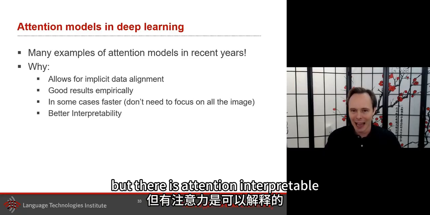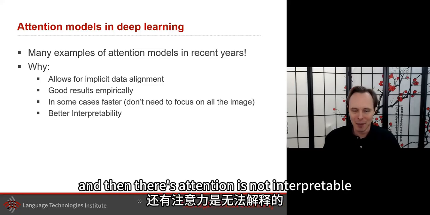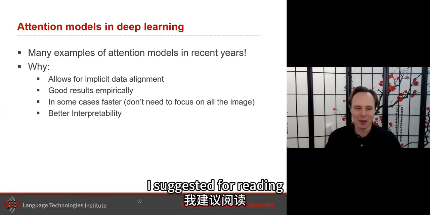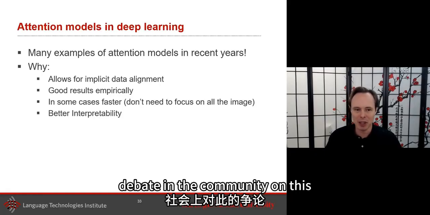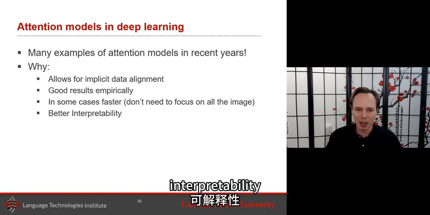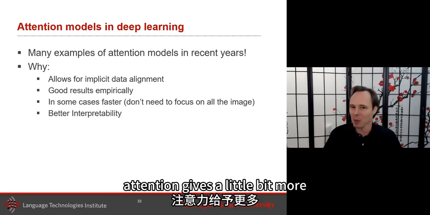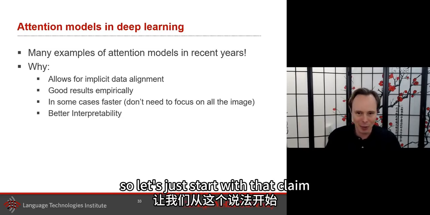There is "Attention is interpretable," and then there's "Attention is not interpretable," which is the paper I suggested for reading. So there's a really interesting debate in the community on this interpretability. But for now, let's say that attention gives a little bit more interpretability than not having attention. So let's just start with that claim.